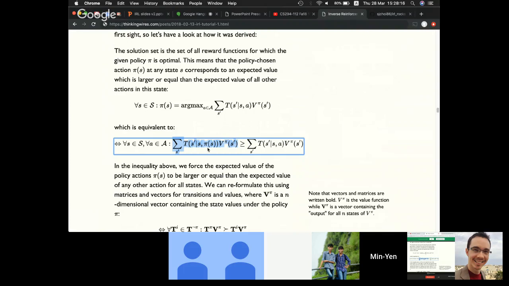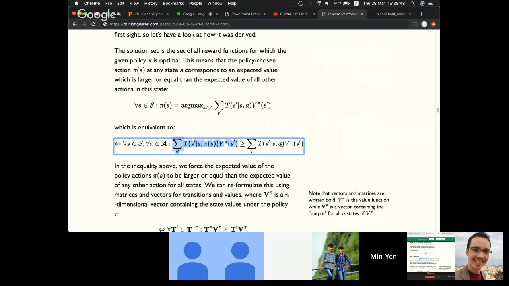And then on the other side is the rest of the other actions that may not be in the trajectory. For example, on that state, an action was picked by the best trajectory, and that is the action that we consider on the left-hand side. And the rest of the other actions that we might have taken, we want to push them down. So definitely this action must be higher, that's why it's on the left-hand side. The action that we take must be higher.